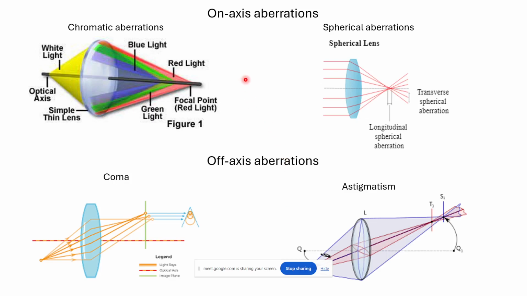Also, we have learned this week about the aberrations, where we have on-axis and off-axis aberrations, where we firstly have the chromatic aberration. These chromatic aberrations will occur only if the light is not monochromatic. If the light is monochromatic, that means it has only one wavelength, and it will focus at a single point.